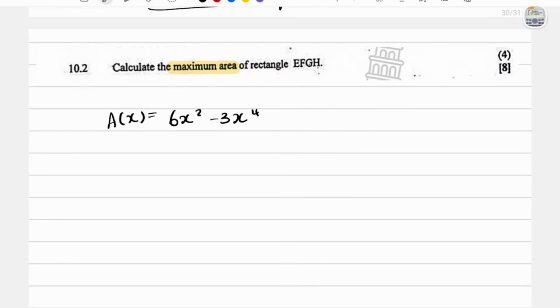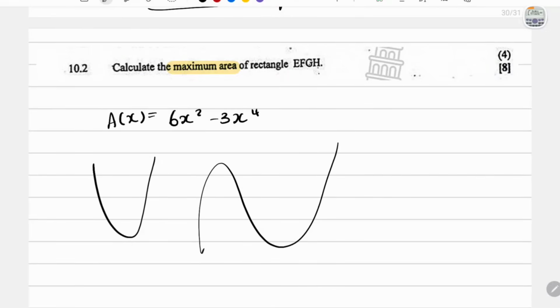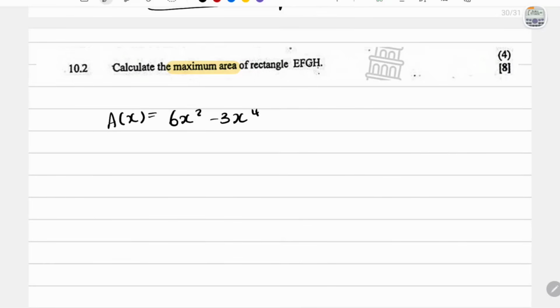Those are the points that are sitting still on the curve. So on most curves that you see, these would be really key points to find whether this is the maximum or the minimum.